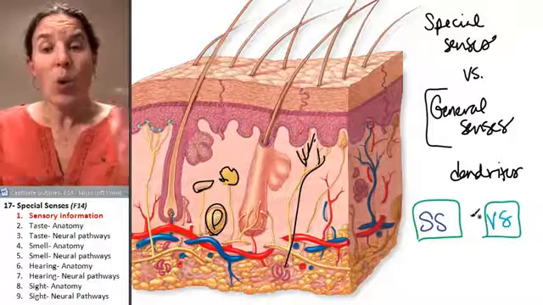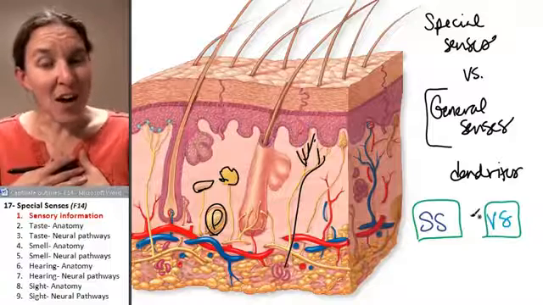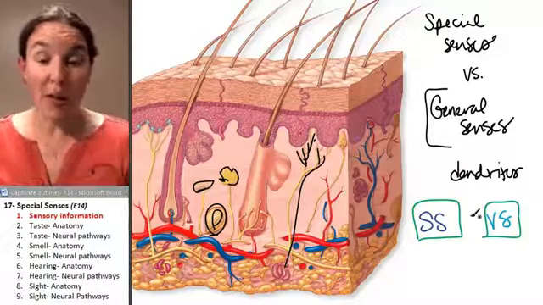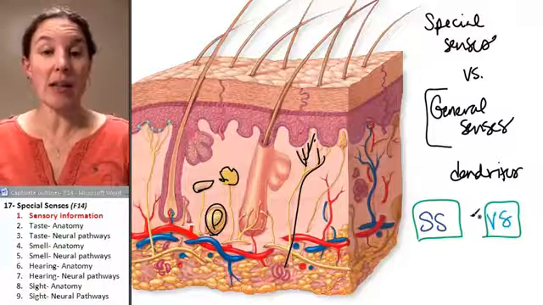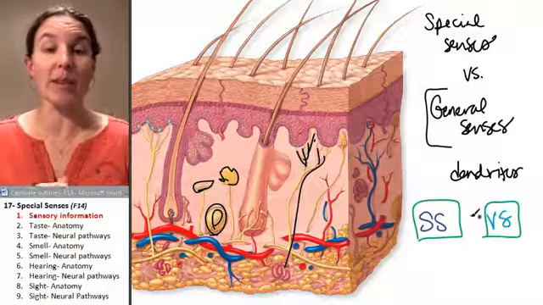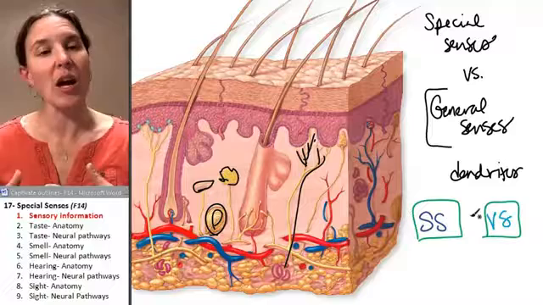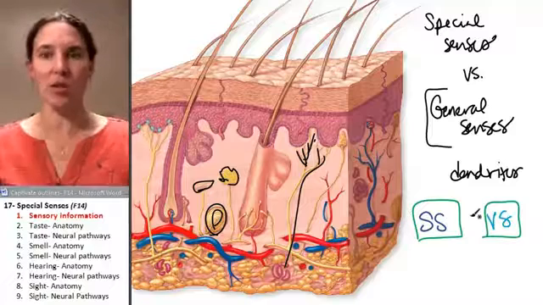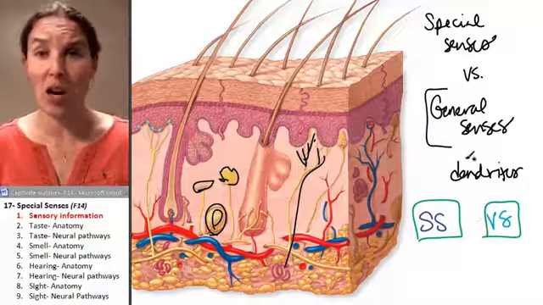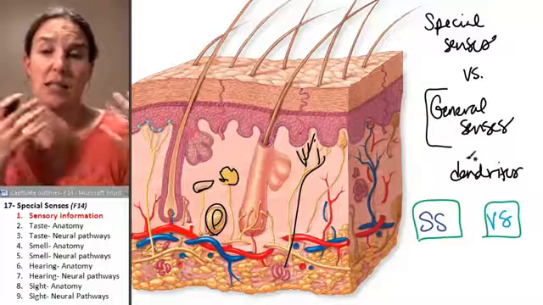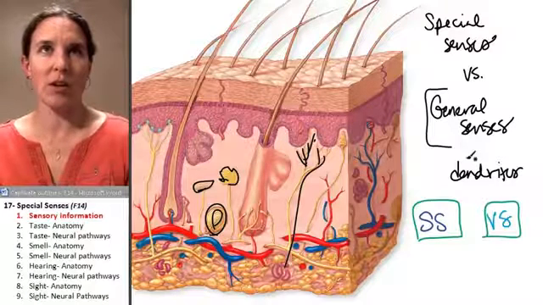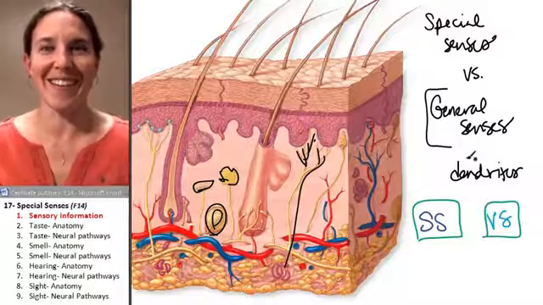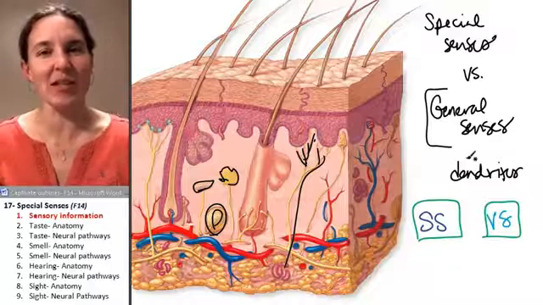So we're not going to focus our energy on arguing about whether this sensory organ is somatic sensory or visceral sensory. I'm happy to say somatic sensory is conscious, things you're consciously aware of, whereas visceral sensory is what we're not aware of.